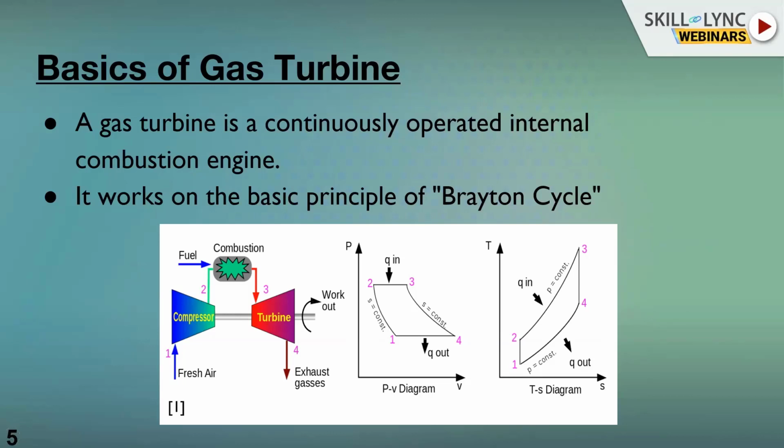The first thing is an isentropic process from step 1 to 2. In this step, fresh air is injected into a compressor of the gas turbine. What you are seeing over here is a basic layout of a turbine. It has a compressor, a turbine, and a shaft connecting the compressor and turbine, which in turn drives the connected generator.